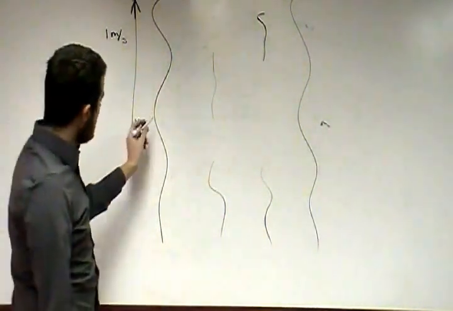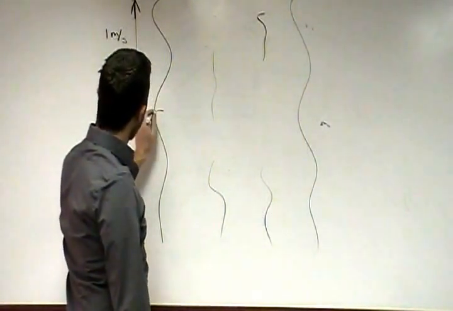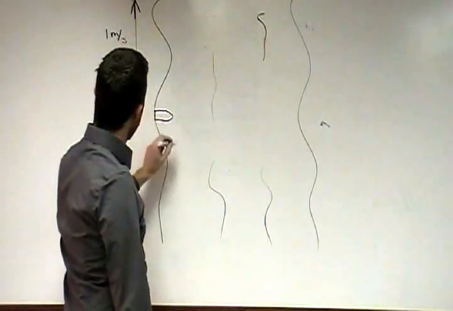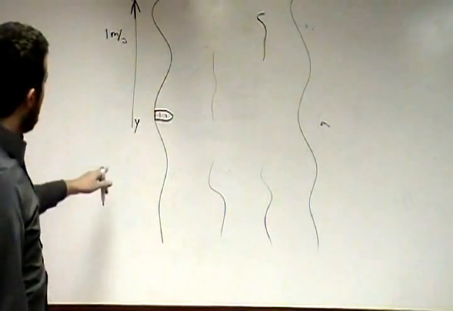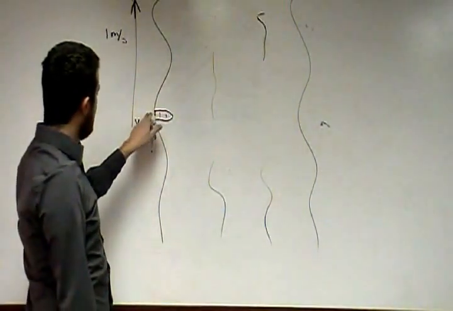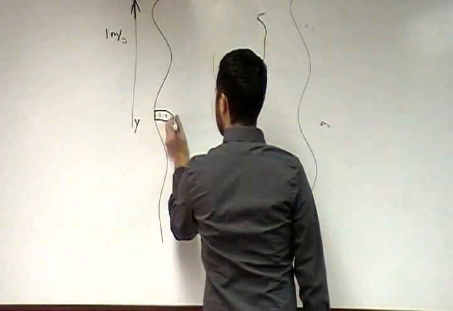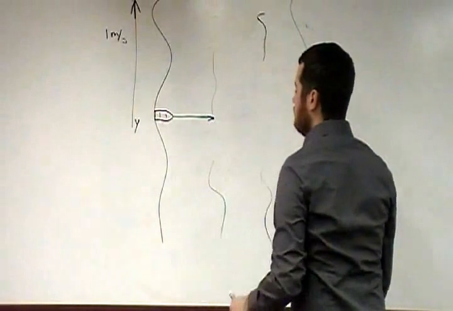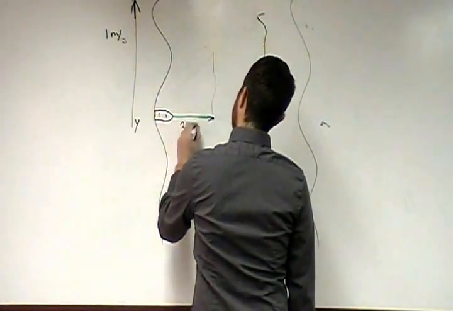And then let's say you have a boat. See if I can draw a boat here. Ooh, boat. Okay. There's your boat. Now your boat sets off from shore. Okay? And it proceeds to the right, let's say at 3 meters per second.